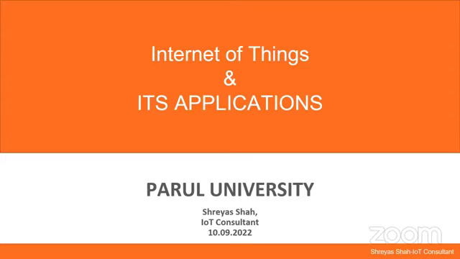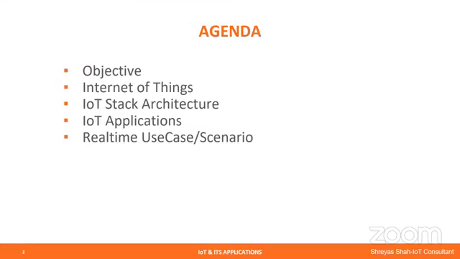Let me give a brief idea about today's agenda, what we will talk about in this hour, and what you will be able to understand about IoT after this hour. Initially, I will answer three questions about IoT: what, where and how.